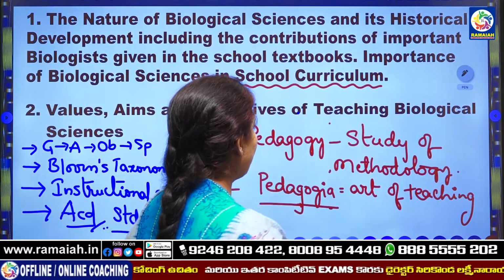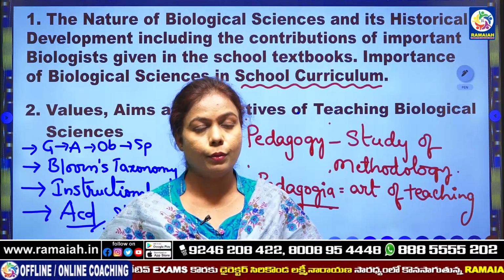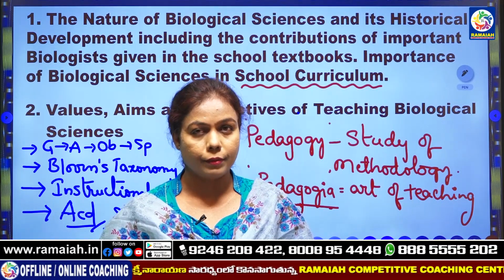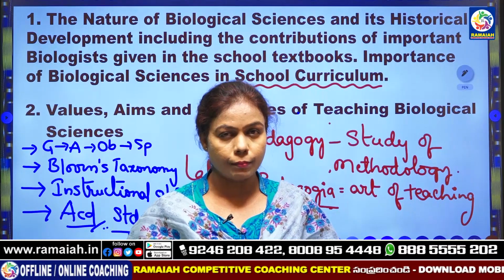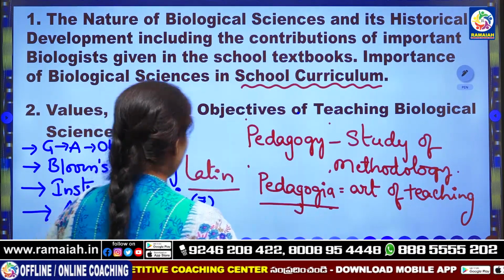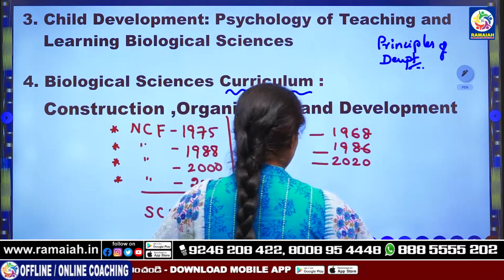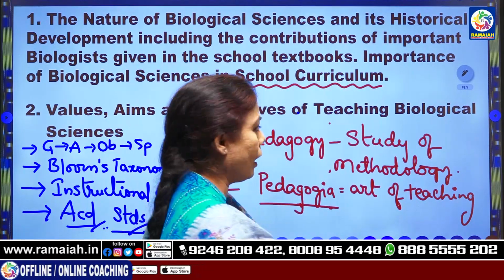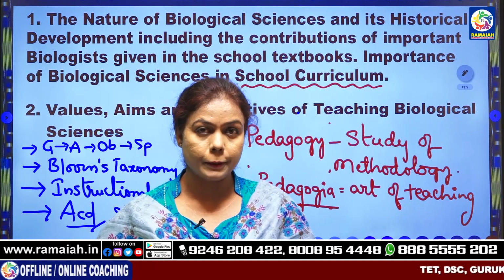So this is a simple analysis of our syllabus, biological science pedagogy. No need to worry about material. You can prepare nice notes by following our videos. Except for the third unit, child development, and the ninth unit, disabilities, the remaining units are almost equal to the DSC school assistant syllabus.